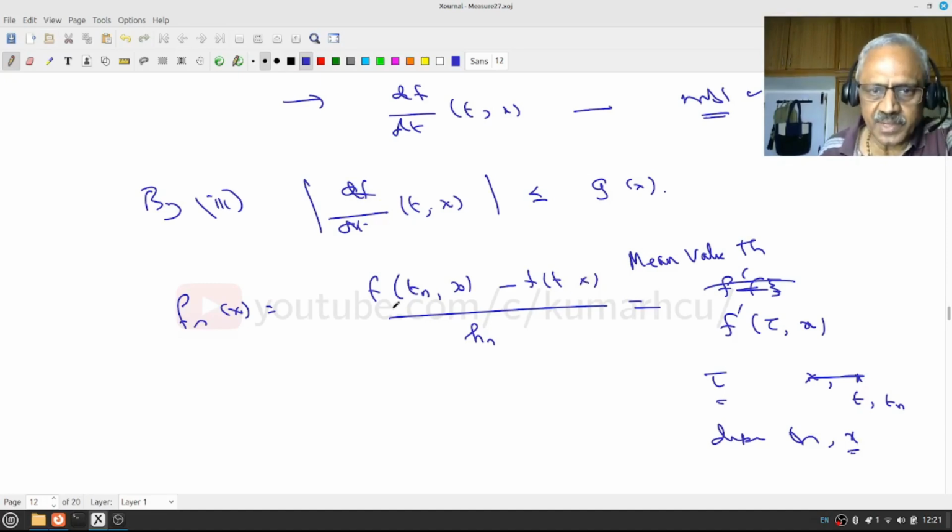Remember, for each x the function t going to f(t,x) is differentiable.